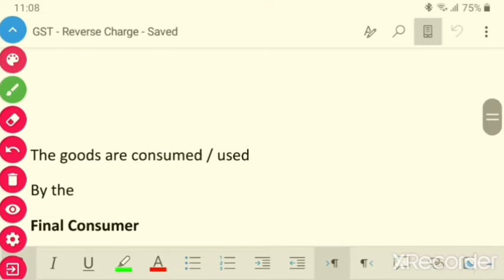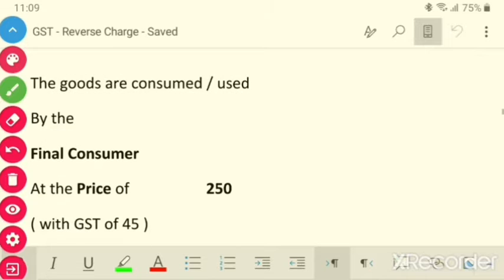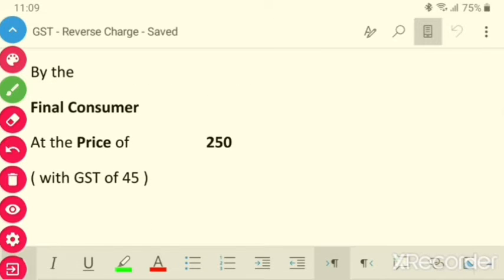The goods are consumed by the final consumer at the price of 250 with GST of 45. Here there are only two stages of sales, stage 1 and stage 2. Seller 2 sells to the final consumer, who pays 250 rupees, in which the GST component is 45.